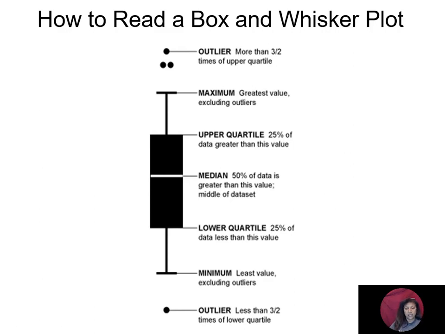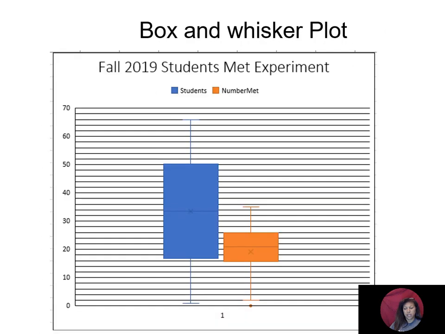So let's take a look here at the data that we gathered. So here we have now that exact same data, except it's represented in a box and whisker plot. And you can see that it's very easy to interpret this graph now. So here we have the number of students in blue in this box and whisker plot. We can see that the maximum number was 66.